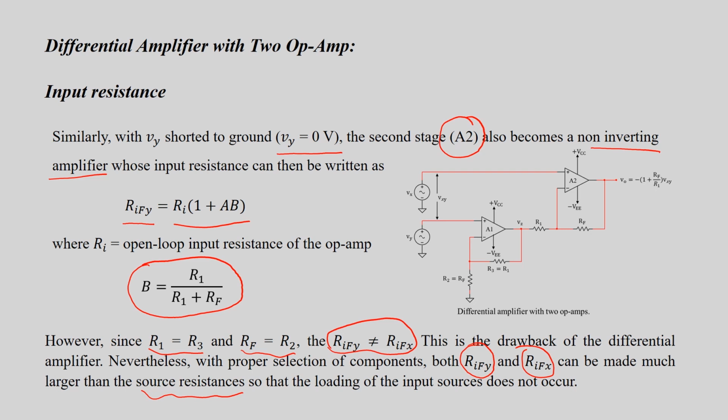With one op-amp, the gain is minus RF by R1, which is equal to that of an inverting stage, and for two op-amps, the gain is 1 plus RF by R1, which is equal to that of a non-inverting amplifier. So here we have done the second chapter, and next we will talk of frequency response in the next session.